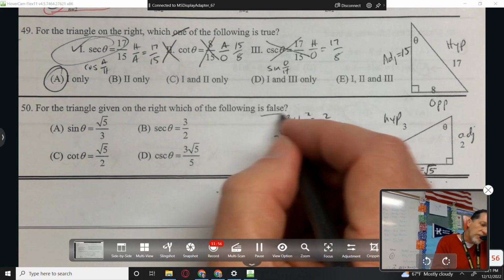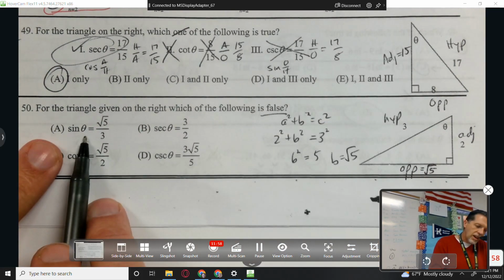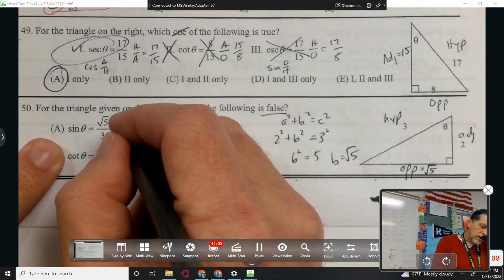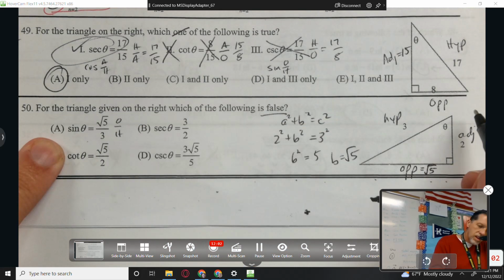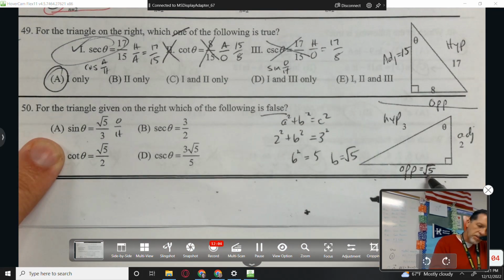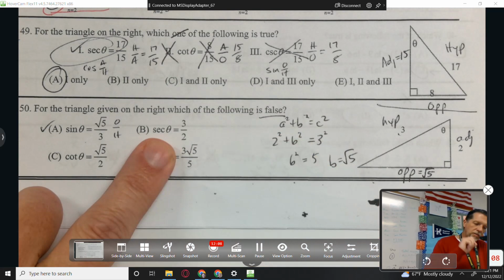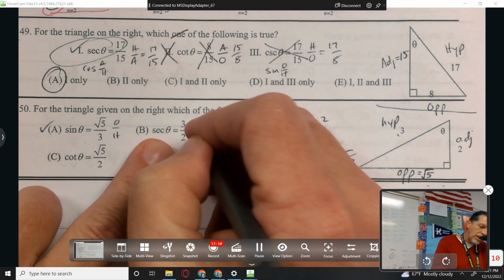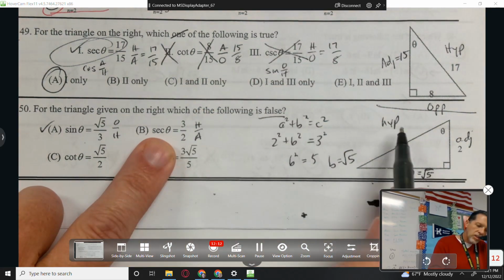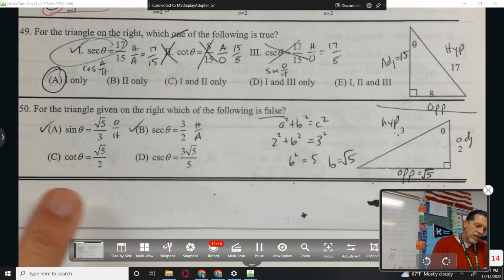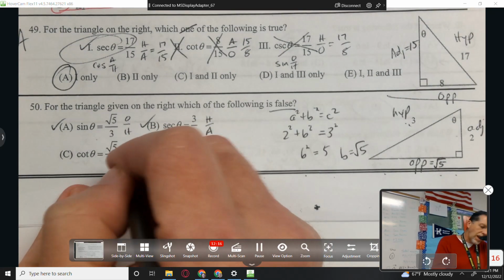Which one is false? Okay. Sine, that's opposite over hypotenuse. Opposite over hypotenuse, so that was right. Secant is the flip of cosine, so that should be h over a. 3 over 2, that was right. Cotangent is a over o.